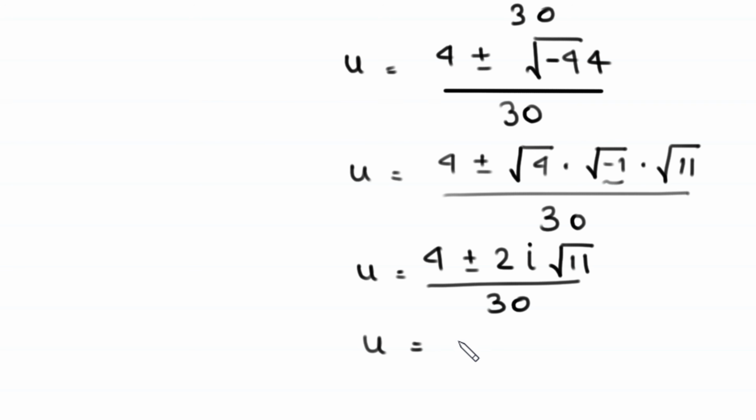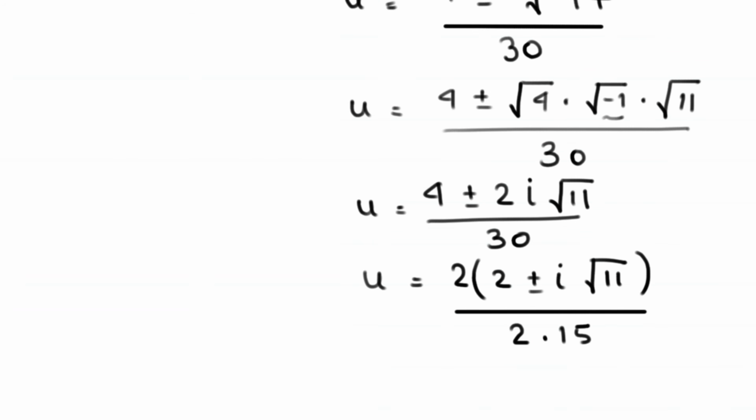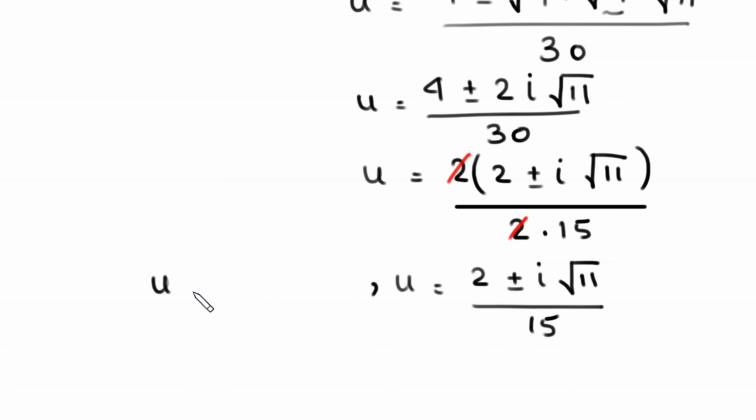This will become u is equal to 2 times (2 plus minus i times root 11) divided by this 30, which is the same as 2 times 15. Now this 2 will be cancelled out with this 2, and we get u is equal to (2 plus minus i times root 11) divided by 15. And first we found that u is equal to negative 1 over 4.